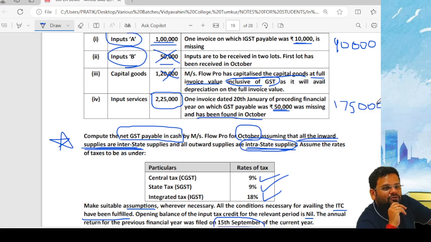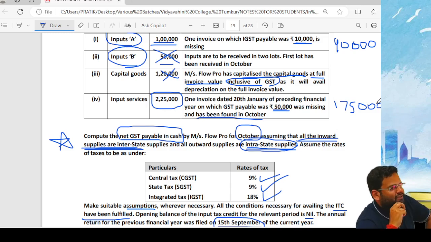The last date of taking ITC was 30 November 24, or in our case 15 September 24, because that was the date when the annual return was actually filed.